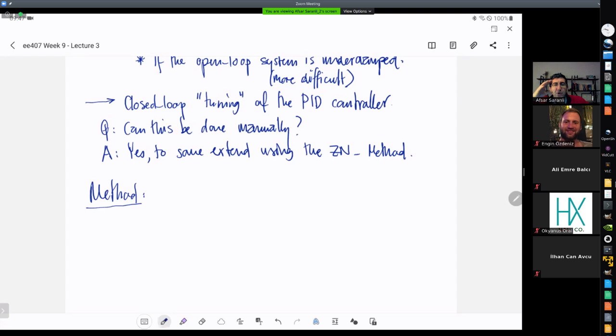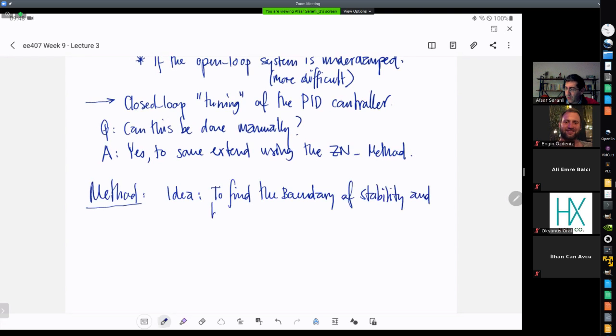You know that the boundary of stability is where the closed loop poles are on the j omega axis. So the idea is to find the boundary of stability, and back off to a safe set of parameters.